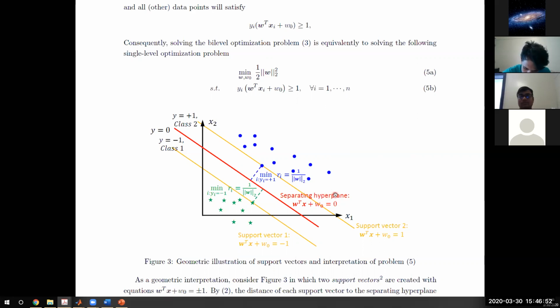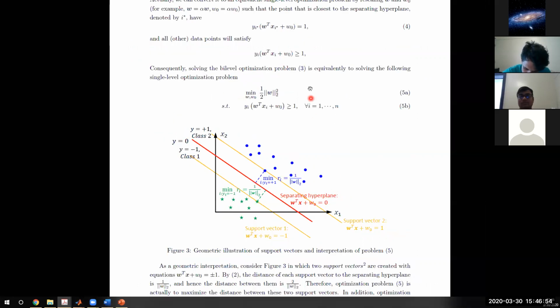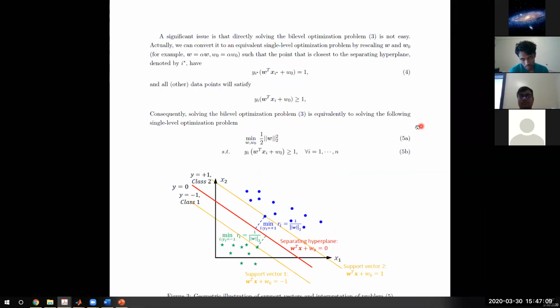Okay. Now suppose I have already solved this problem. We say the solution is w star and w0 star. How would you make a prediction for a given data point x? Simple. You just need to substitute this x into this f function.